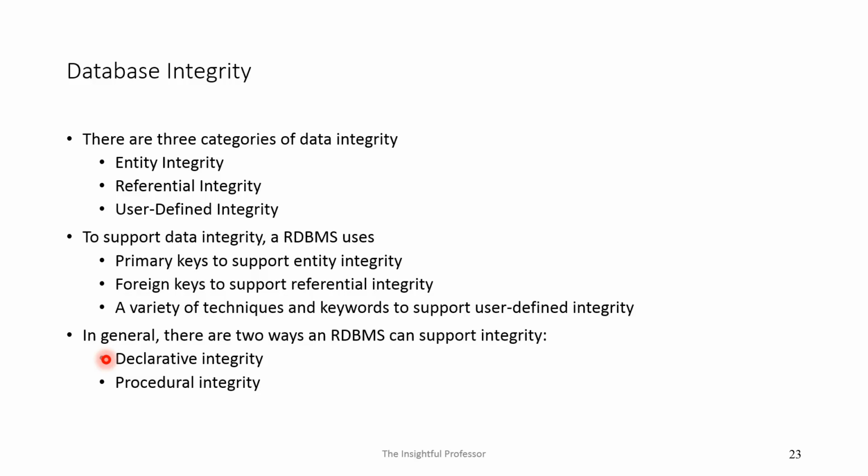So a trigger executes in response to a SQL data manipulation statement, such as inserting a row, updating a row, deleting a row. So when a trigger is created, you say what the triggering event is, and then you also write the instructions that will be executed automatically by the system when the trigger executes or is said to fire.